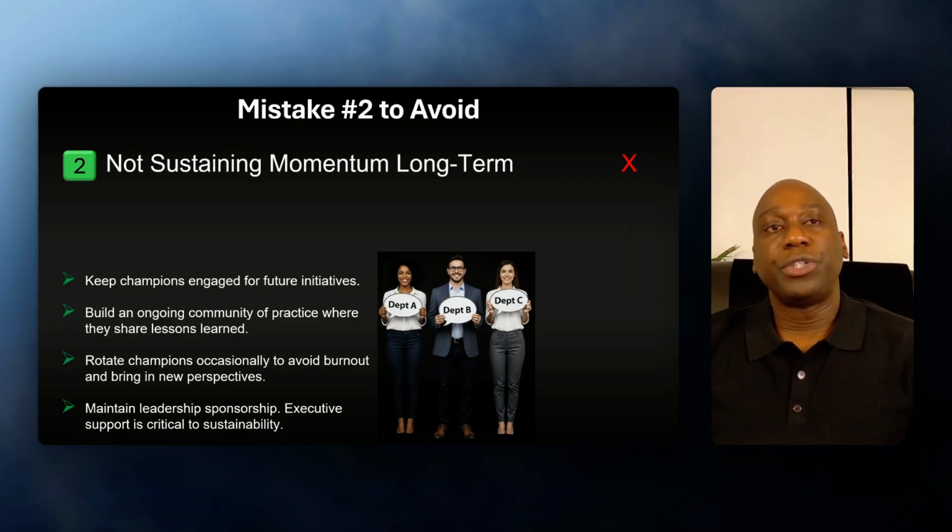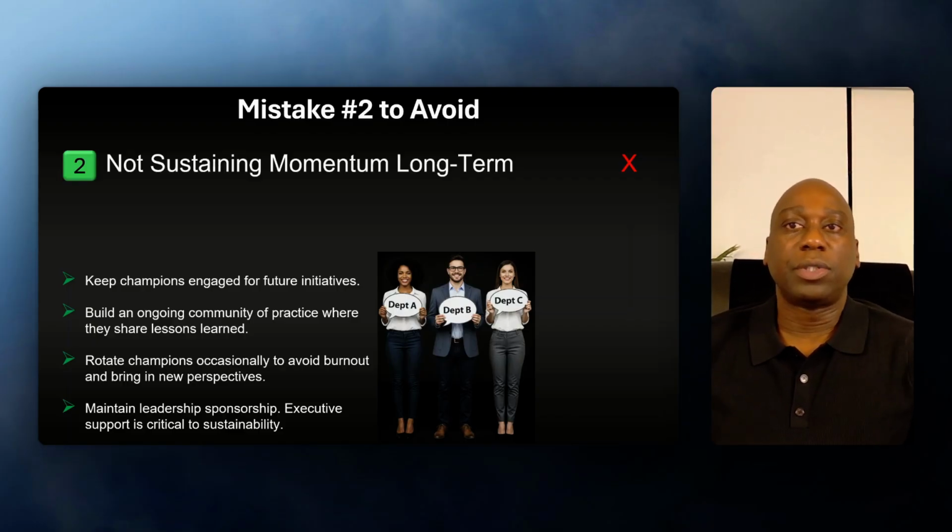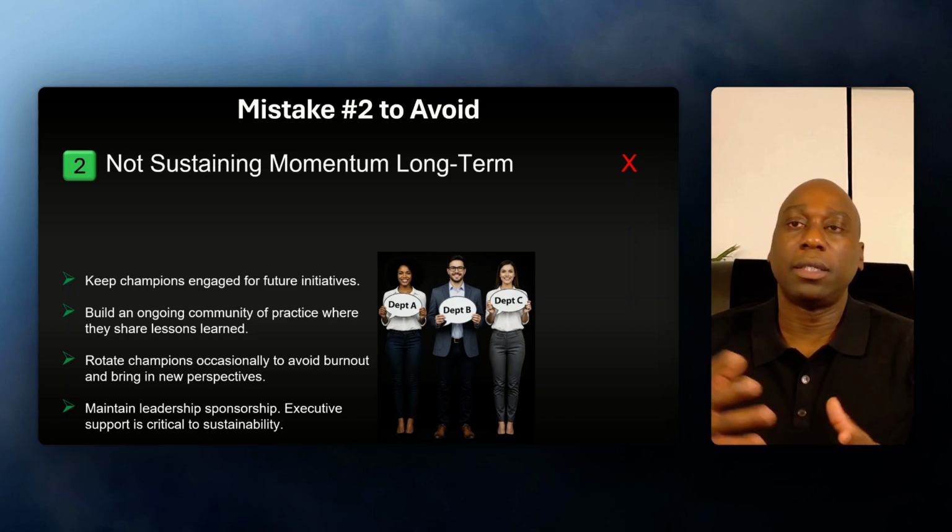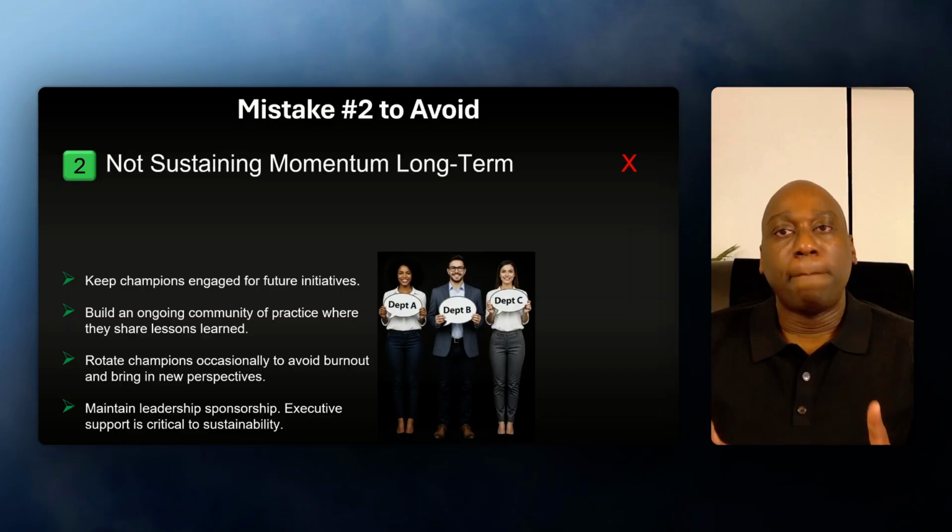And as I mentioned, you want to rotate champions as needed, even after the project is done. Some champions might say, "Okay, thank you, I'm no longer interested." Just get another champion to replace them. Maintain leadership sponsorship is another critical component. So executive support is sustainable.